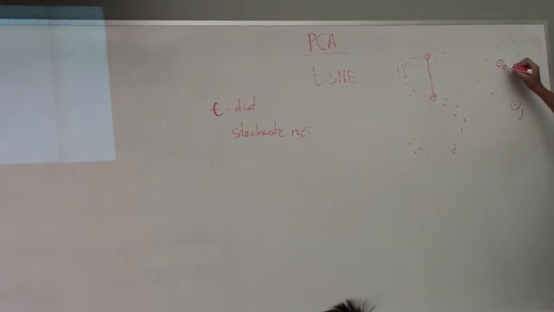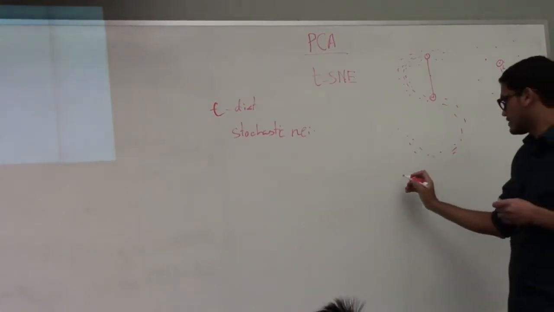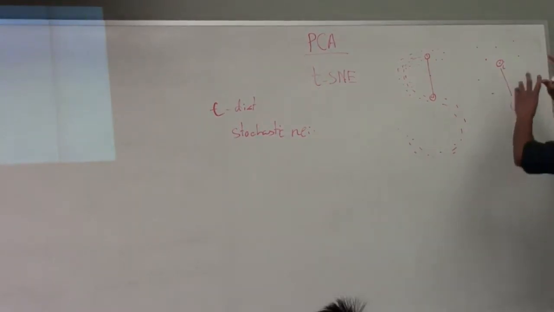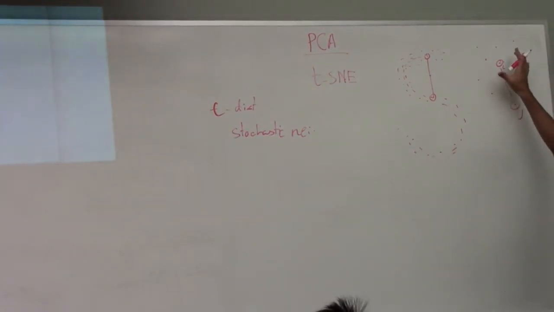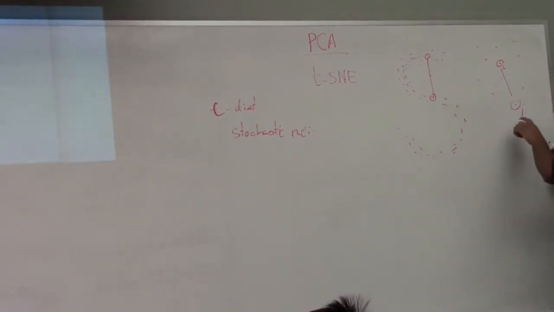Then the similarity between these two points is measured as follows: if you fit a Gaussian kernel centered at i, what would be the probability of picking this point j? Basically, we are getting the density estimate for this point j if there is a Gaussian kernel sitting at i.